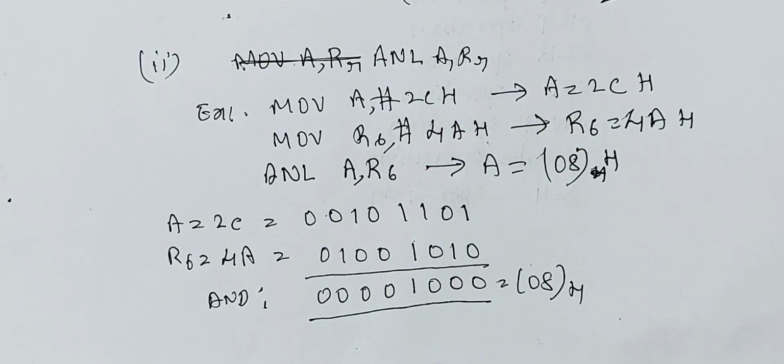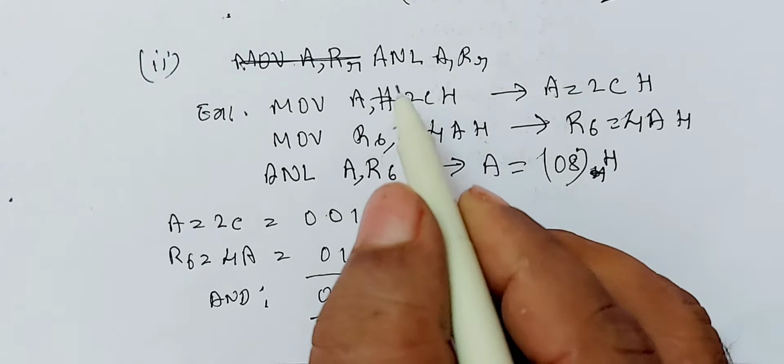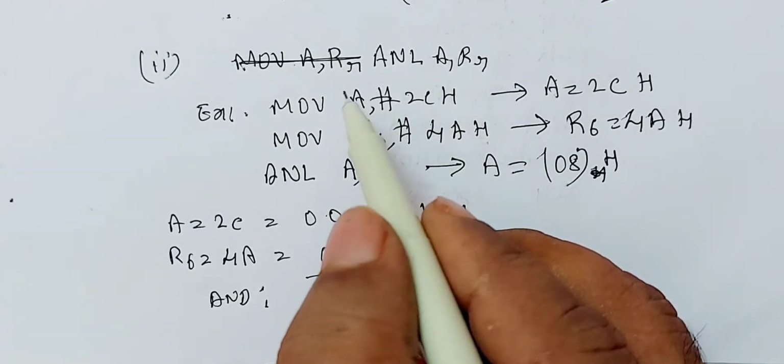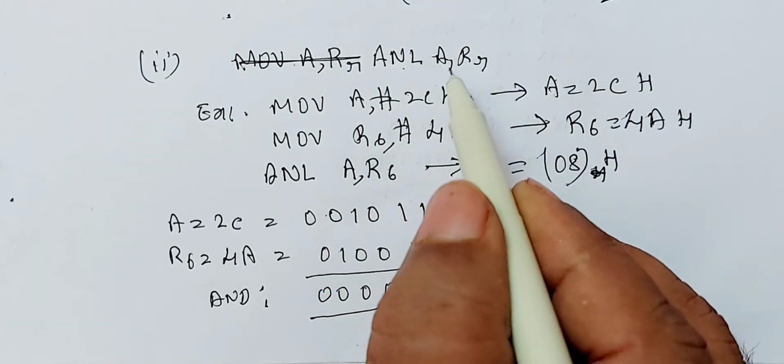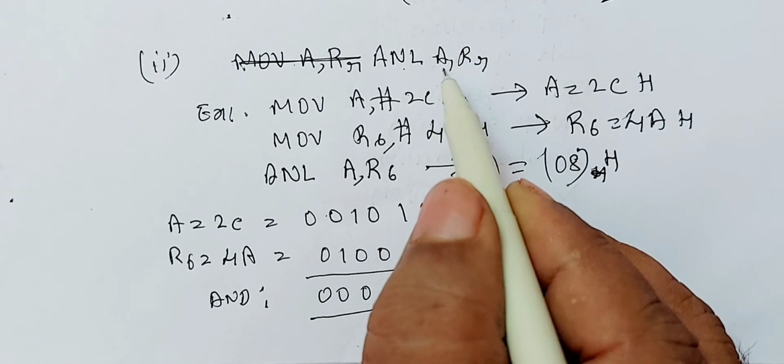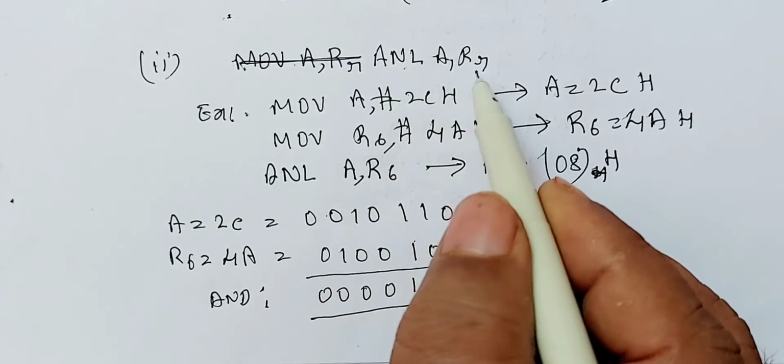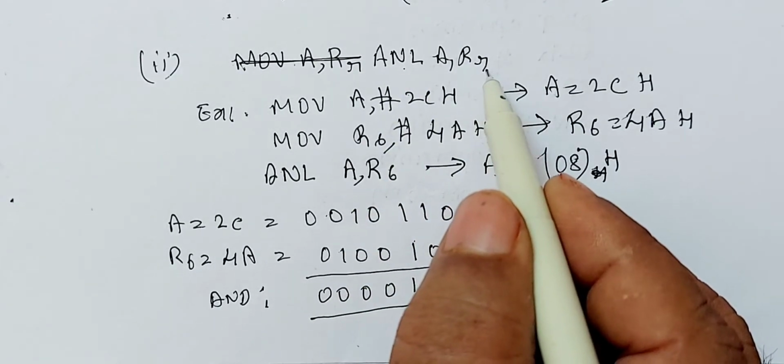There are 8 working registers, namely R0, R1, R2, R3, R4, R5, R6, R7. You can use any one of the 8 working registers. So, AND logic destination must be always the register A comma Rn. This is register addressing mode. Rn may be R0 to R7.